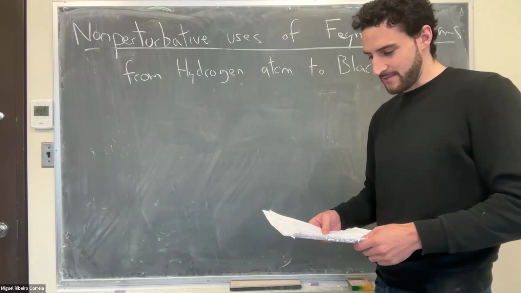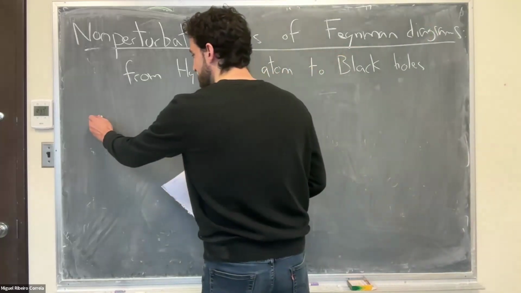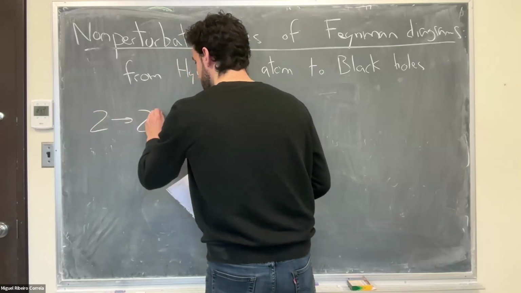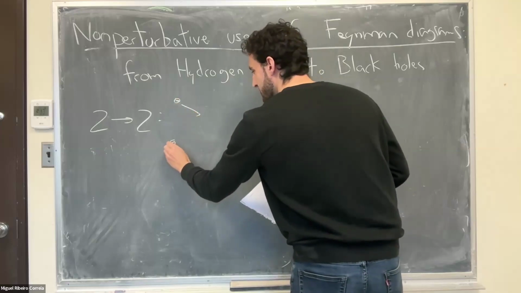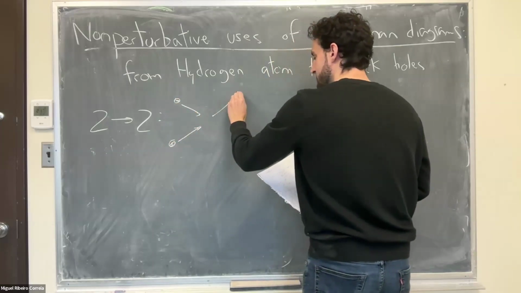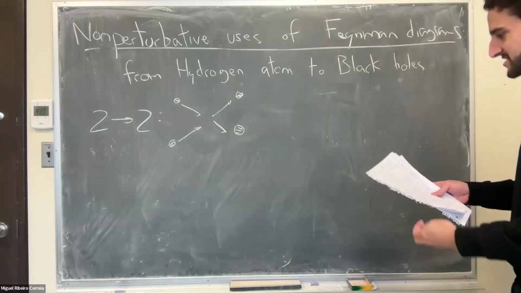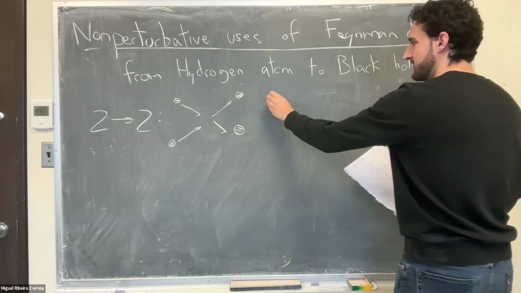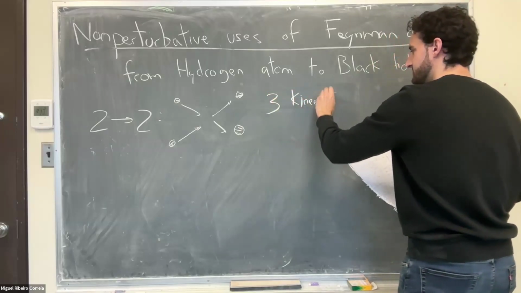I think it's important to start by talking about three scales. I consider 2 to 2 scattering, of two bodies going into two other bodies. In this scattering system, there are three kinematic scales.